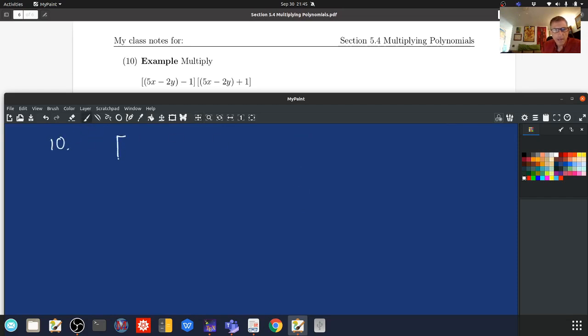So we have brackets, and then we have 5x minus 2y minus 1 times the very same thing, 5x minus 2y plus 1. So if you need to see this, let 5x minus 2y be equal to some letter, b.